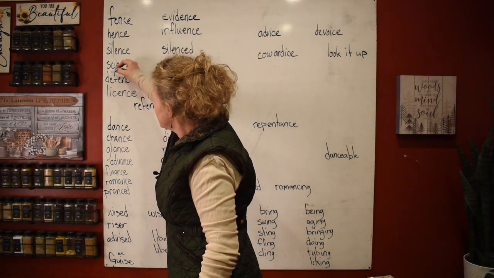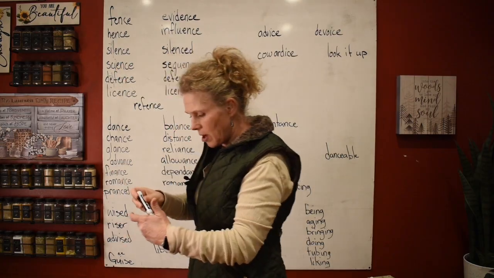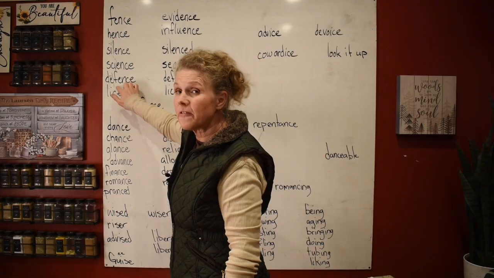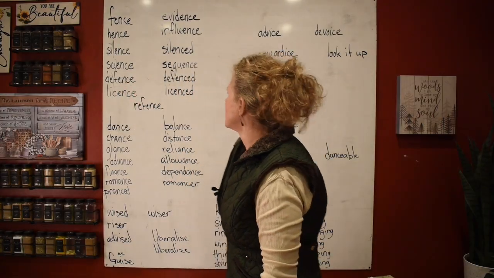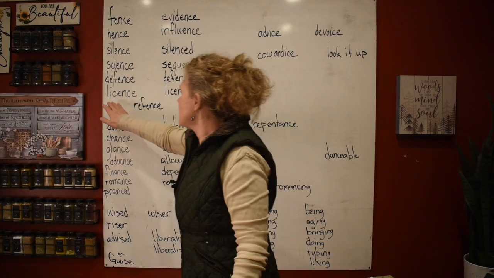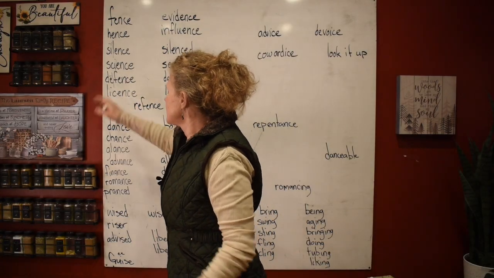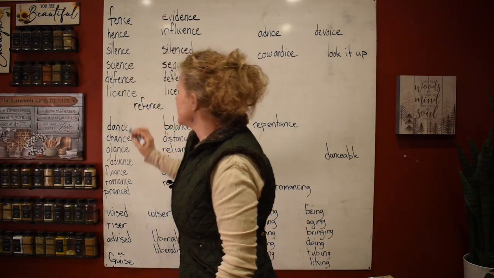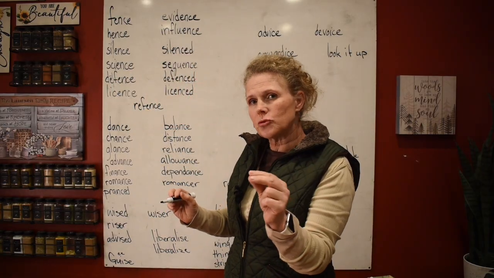Defense. See how it's open, it's long. D, and then -ense. Now this is really fun. This says license, and it breaks right here. License. Now this is very unusual.